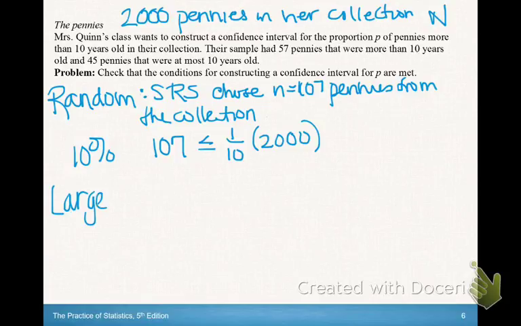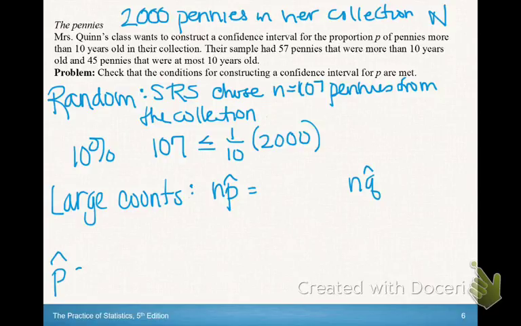And then we also have to check large counts. Normally it's n times p, but because we don't know p, we need to check n times p hat and n times q hat, and those have to be at least 10. Well, what is our p hat? Remember, p hat is our sample statistic. We withdrew 57 pennies that were more than 10 years old out of the 107 we chose.